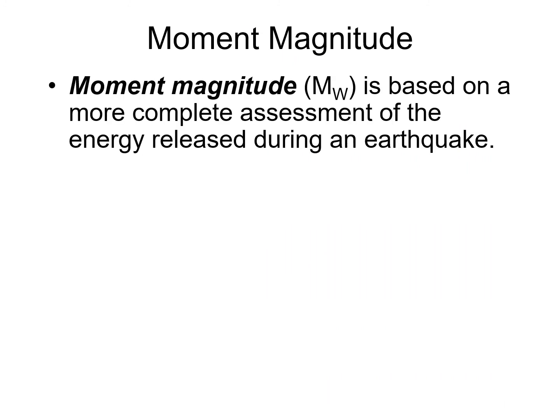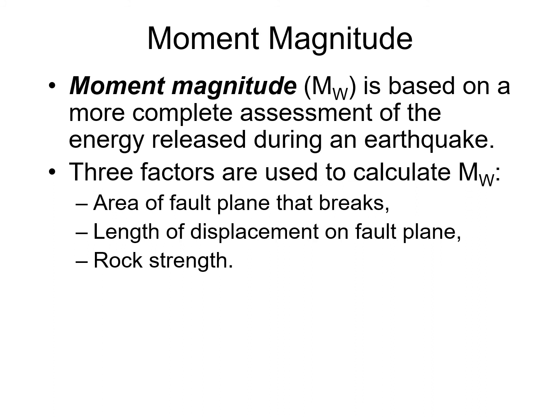So the moment magnitude scale compensates for some of these by looking at a little more information. And so you need more detailed information about the earthquake. You need, for instance, information about the area of the fault plane that broke. And so you need lots of detailed information from seismographs to see all the movement along the entire surface of the fault.